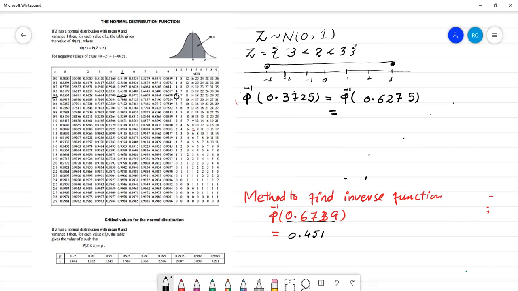So you write 0.6275. The next number is 0.6293, which is more than 0.6275, so you observe the row and column before it, 0.3 and 0.2. That is 6255 and you want to make it 6275.